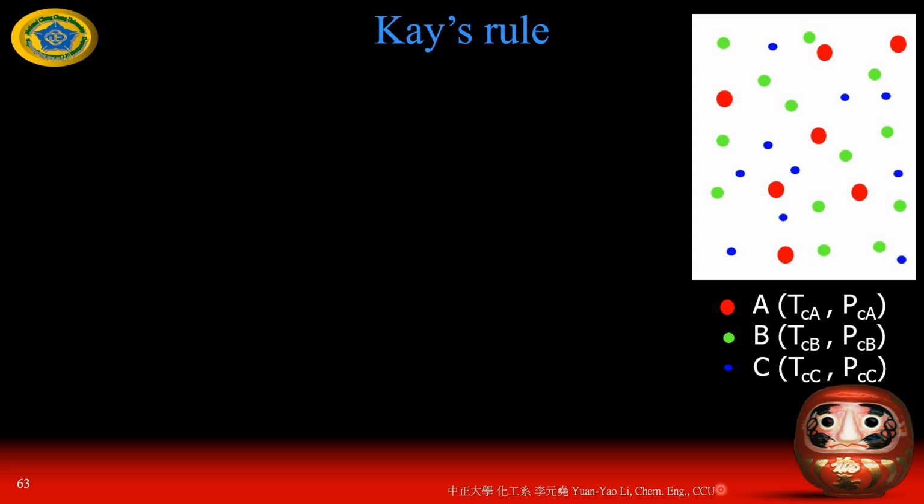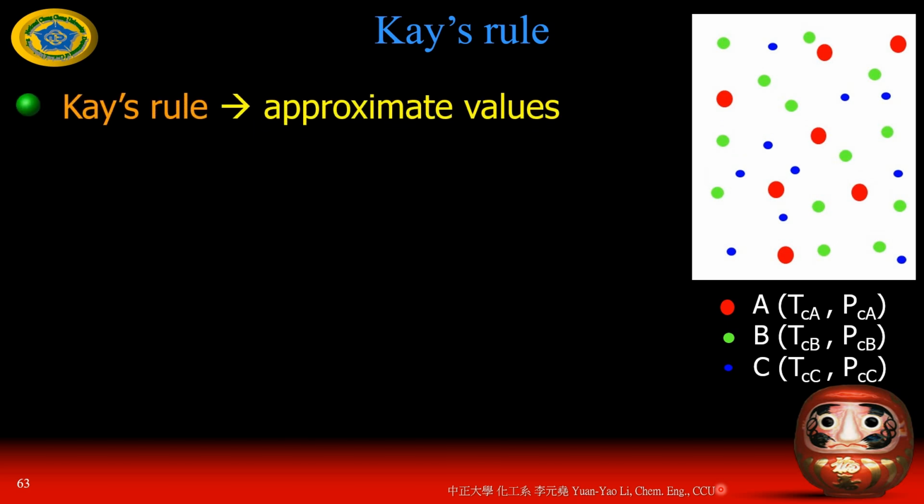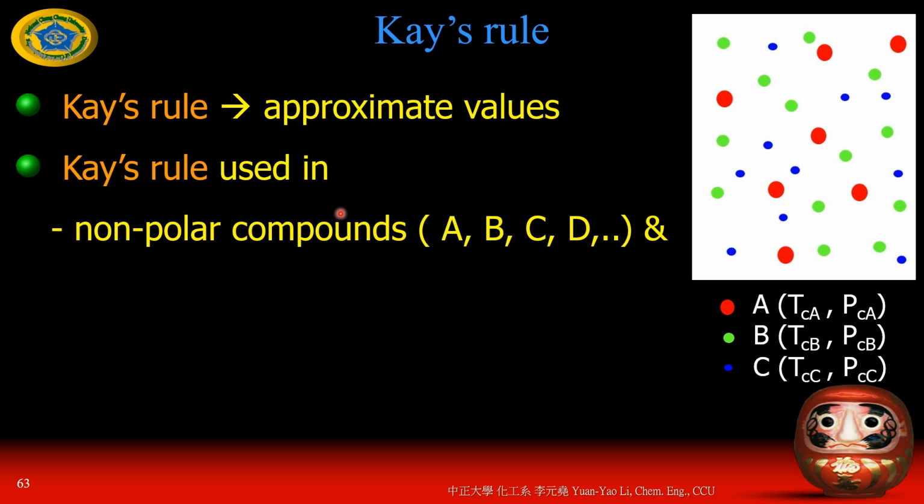Right, so Kay's rule gives an approximated volume. Again, this is not a precise volume, it's an approximated value. Normally, because this is a special case, it's an easy way to do a calculation. So there are some restrictions. For example, Kay's rule is used for non-polar compounds.